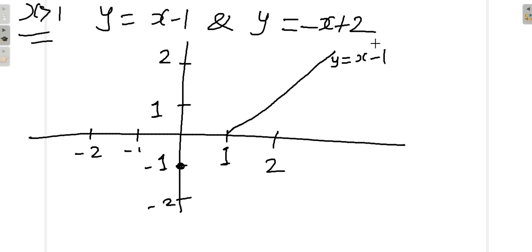Let us consider this. When x is 0, y is 2, and when y is 0, x is 2. So this is the graph. But again we want it only for x greater than 1.